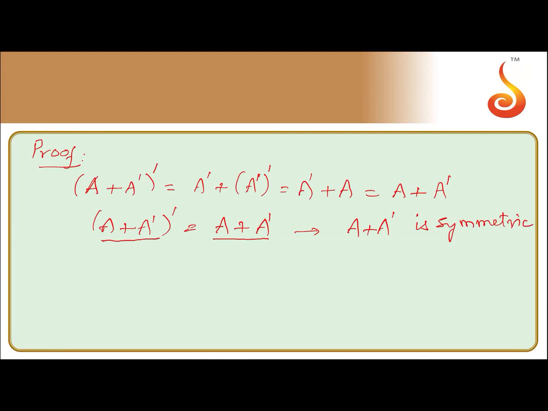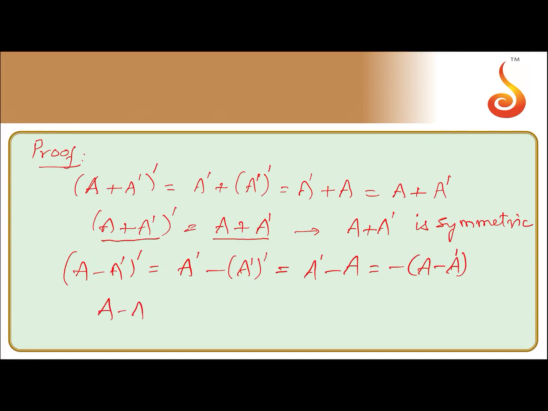In the same lines, A minus A transpose whole transpose, when you take it, is A transpose minus A transpose whole transpose, which equals A transpose minus A, taking minus common, minus of A minus A transpose.